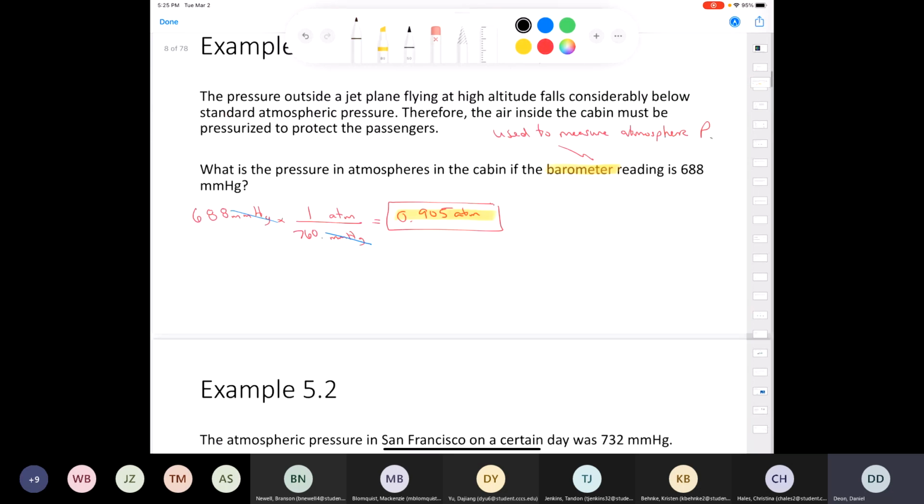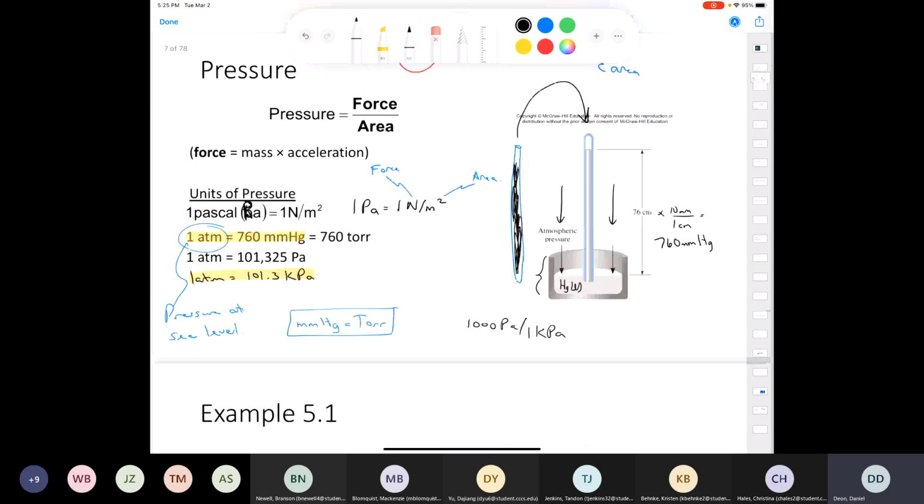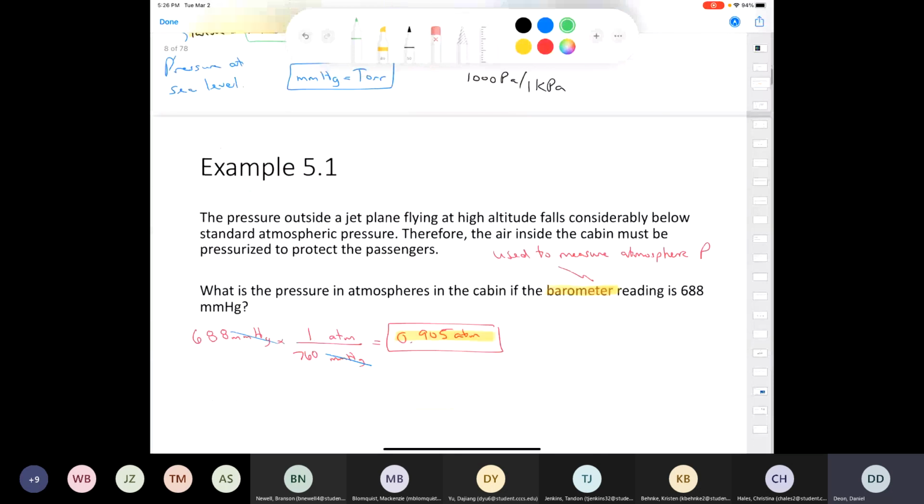Because then millimeters of mercury would cancel and we would end up with kilopascals. Well, let's go back 2 slides and take a look. And we said that 1 atmosphere is equal to 101.3 kilopascals, but 1 atmosphere is also equal to 760 millimeters of mercury. There we go. So our conversion factor is going to be this right here. 101.3 kilopascals are in 760 millimeters of mercury.